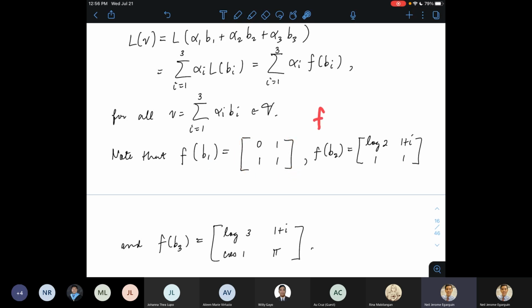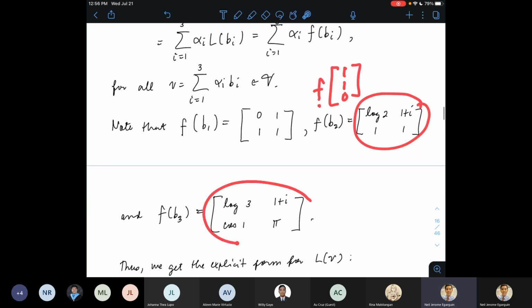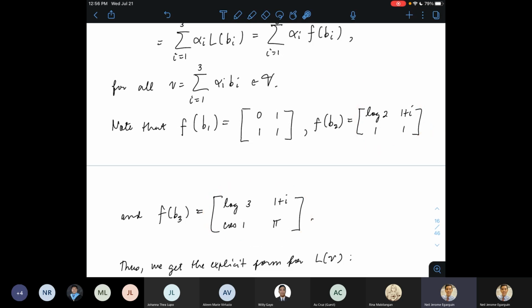Then if I plug in (1, 1, 0) into f, this is what I'll get. And lastly, if I plug in (1, 1, 1), which is b3, into f, this is what I'll get.